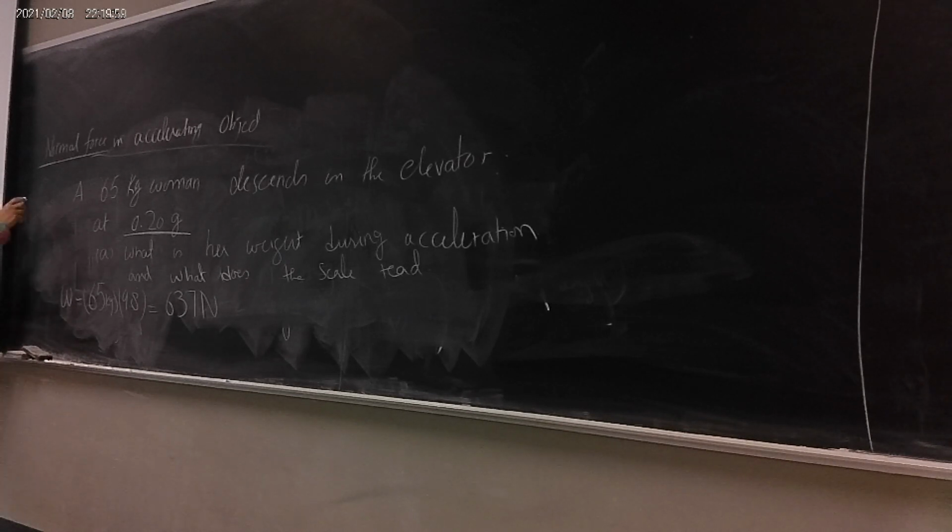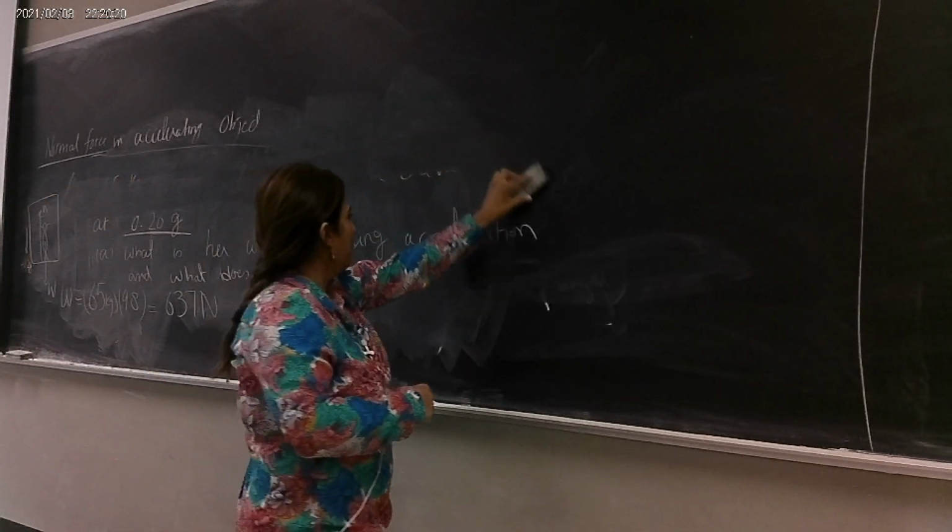If you want to draw the picture to go with it, the weight is down, the normal force is up, and the descent is down, minus 0.2 g. You put the equation together just like you did before.